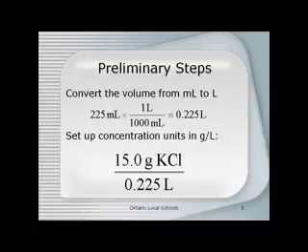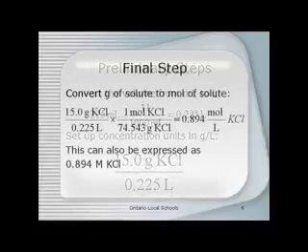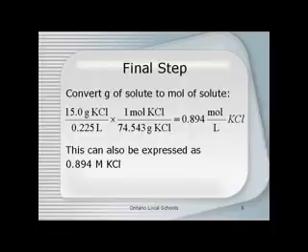Now, we want to set up the concentration units in what we're given in terms of grams per liter. So we put 15.0 grams of KCl over 0.225 liters, and that's our entrance into solving for molarity. Our final step, once we have our grams per liter, is we want to convert our grams of solute to moles of solute.